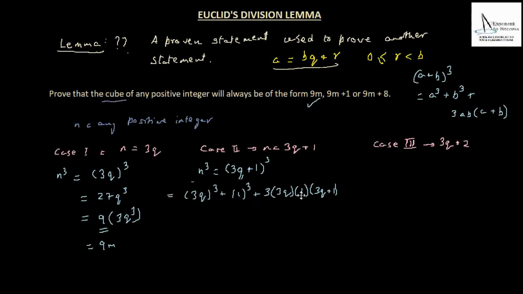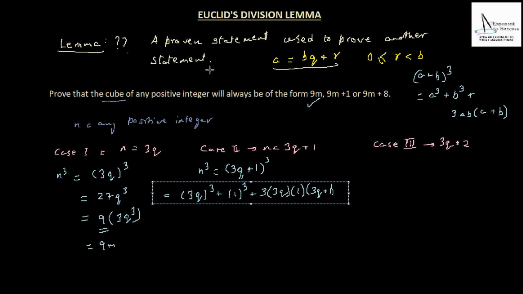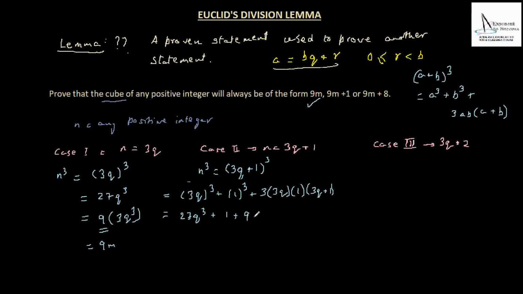Let's shift this also a little this side so that I have space for case number 3 also. Let's simplify this, so we get 3 cube whole cube as 27q cube plus 1 cube is just 1 plus 3 times 3q is 9q times 1, so that's 9q times, within brackets, 3q plus 1.